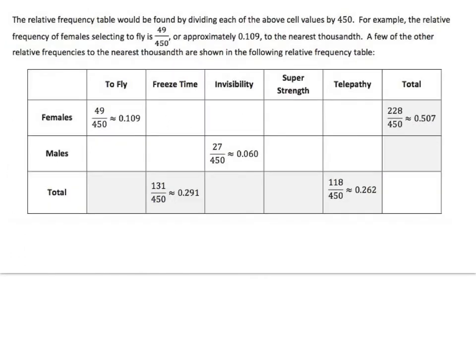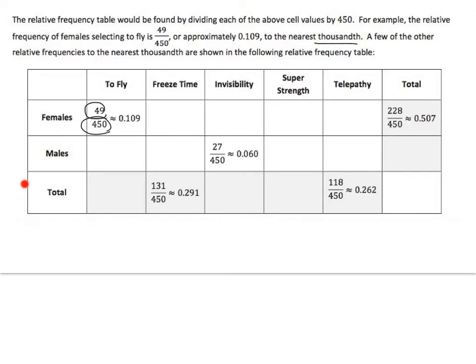So the relative frequency table would be found by dividing each of the above cell values by 450. For example, the relative frequency of females selecting to fly is 49 divided by 450, or approximately 0.109, which is to the nearest thousandth. A few of the other relative frequencies to the nearest thousandth are shown in the following relative frequency table.